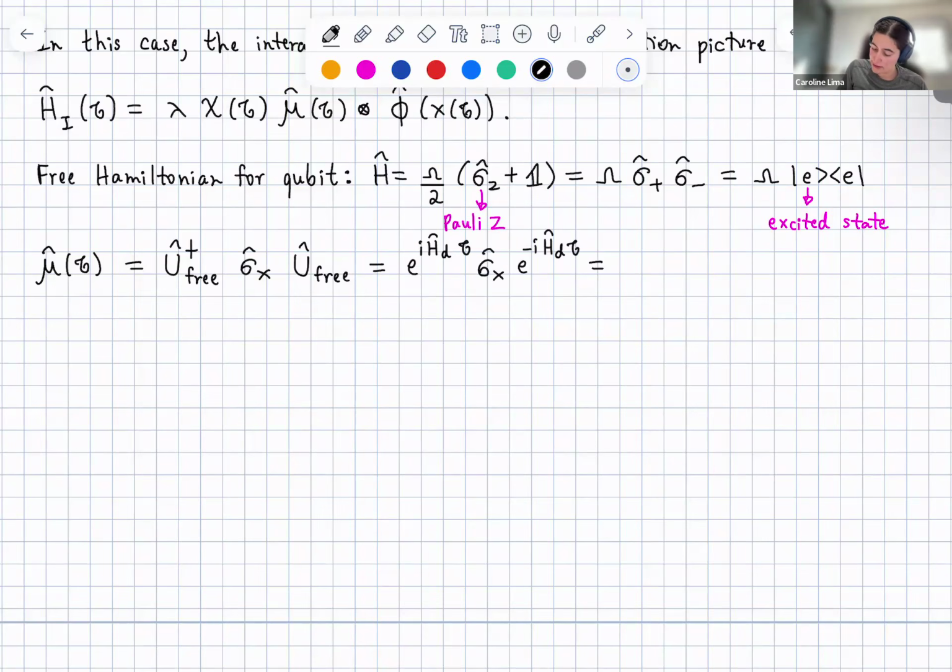And that can be written as e to the i omega tau times excited-ground plus e to the minus i omega tau ground-excited. Just to clarify, this G here is the ground state. Okay?